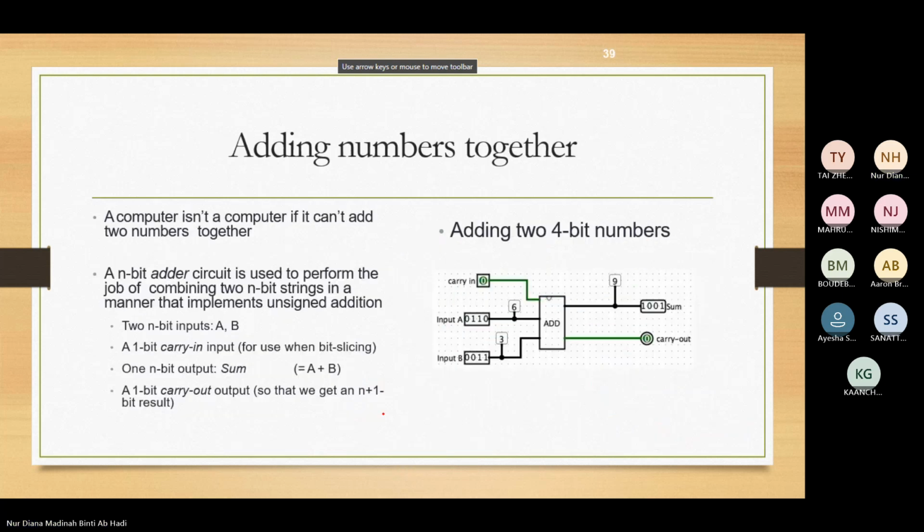Understand? So when we add the numbers together, an n-bit adder circuit is used to perform the job of combining two n-bit strings in a manner that implements unsigned addition. So we have input A and input B. These two would have different values, and this would be the decimal representation. This is your carry in and this would be your carry out.